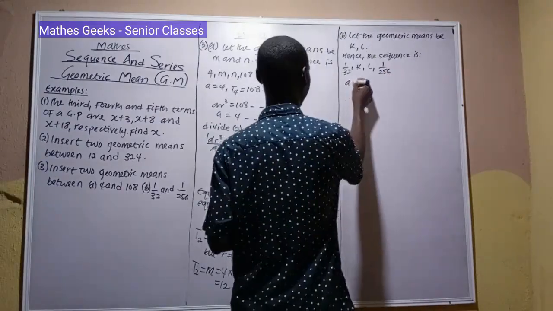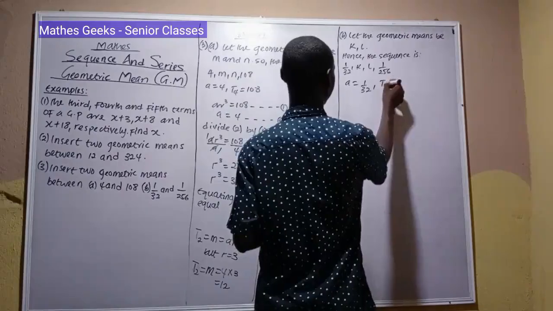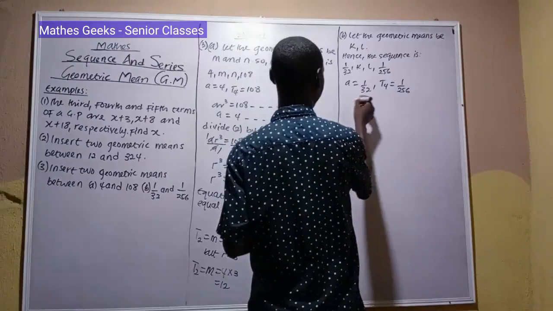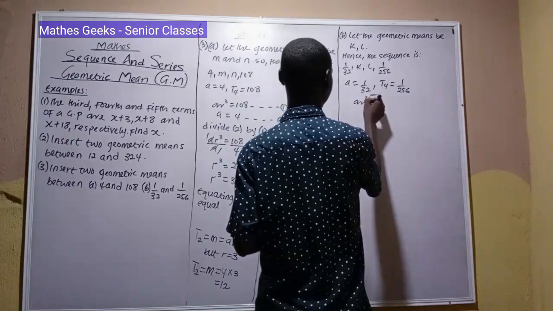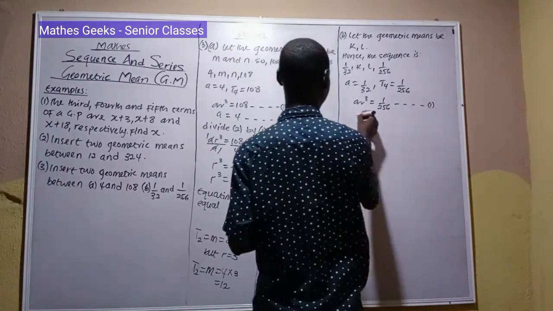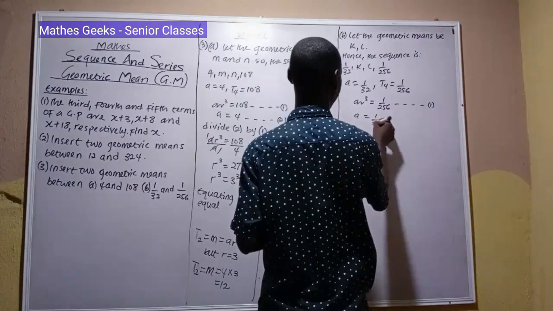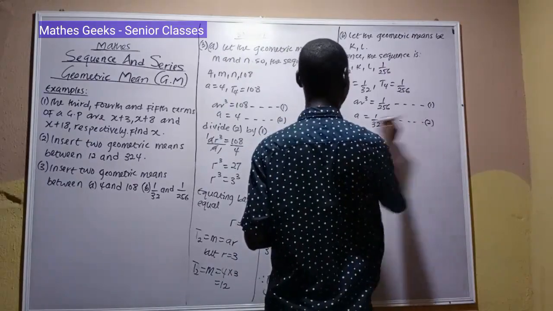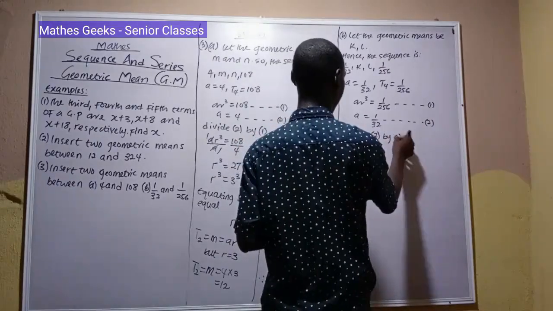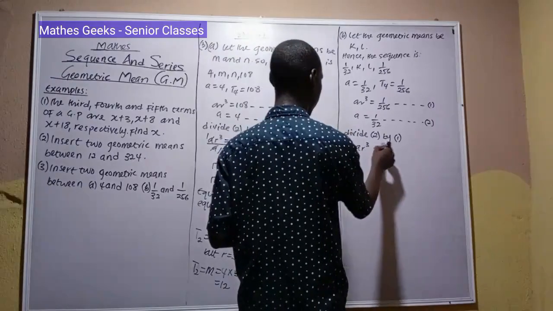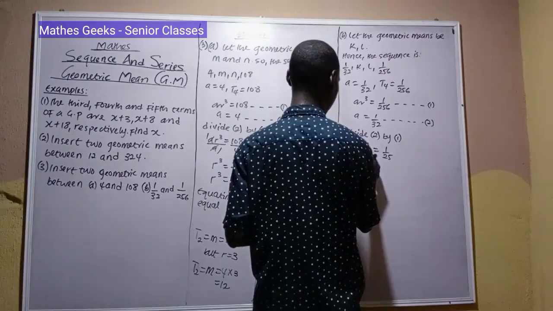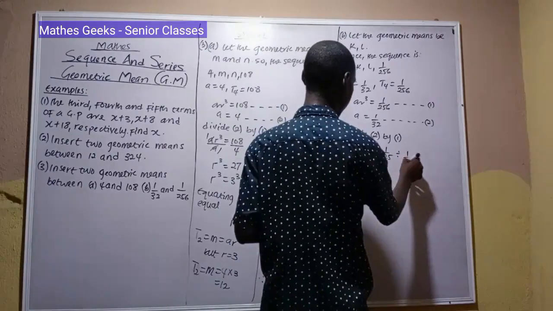So a is equal to 1 over 32, T4 is equal to 1 over 256. So T4, ar cubed, is equal to 1 over 256, equation 1, and a is equal to 1 over 32, equation 2. Divide 1 by 2. ar to the power 3 over a is 1 over 256 divided by 1 over 32.